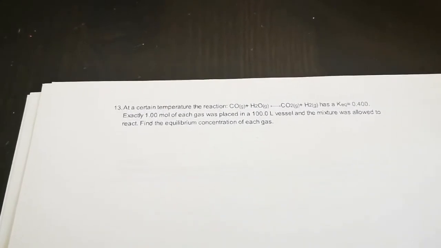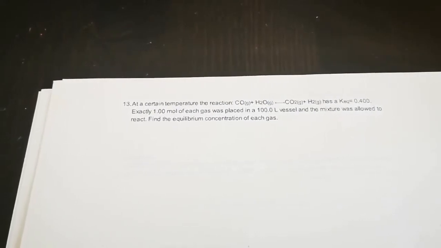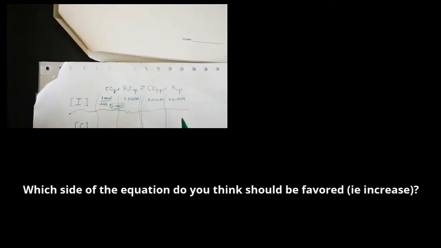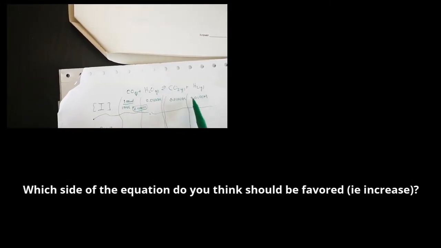Now we're given the KEQ is less than 1. When we're interpreting KEQ, a KEQ greater than 1 means products are favored. A KEQ less than 1 means reactants are favored. And if you look close, these are all the same value, 0.0100. We added 1 mole in a 100-liter vessel of everything.